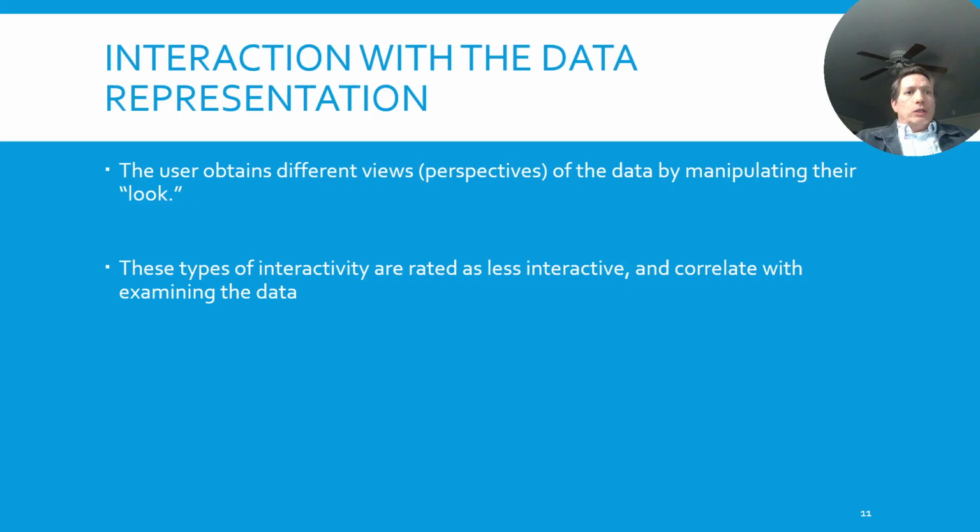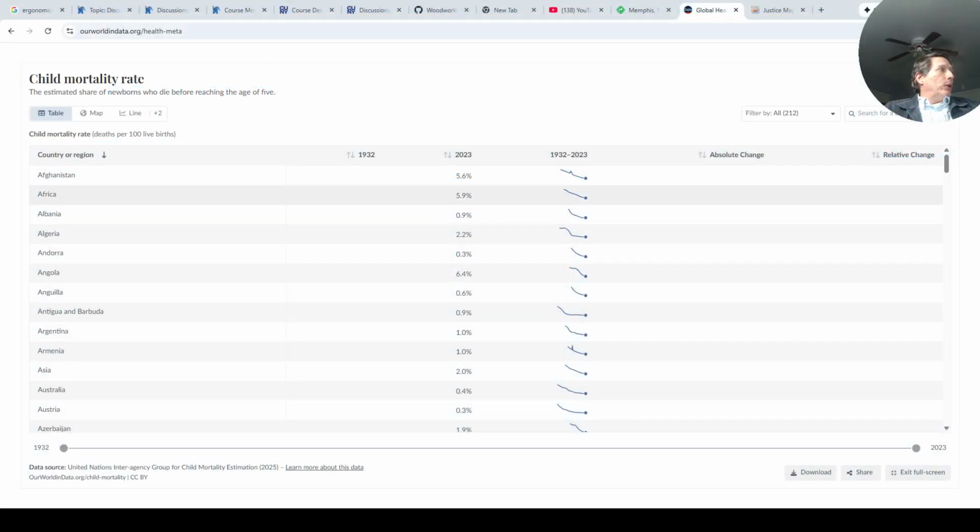And let's switch gears here. For example, we have this data about child mortality rate, and we have some variables, and we have some countries. And in this case, this data is sorted by country and region. But we want to change the representation and say, hey, what is the country that has the highest child mortality rate?